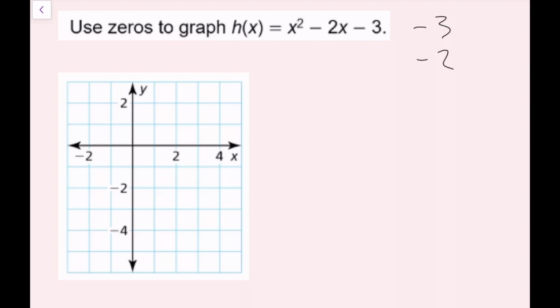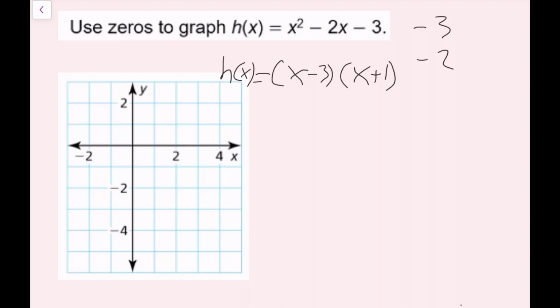So the only way to multiply to negative 3 is either negative 1 times positive 3 or positive 1 times negative 3. And positive 1 plus negative 3 does equal negative 2. So I'm going to break this down into x and x, and we have a negative 3 and a positive 1 here. Okay, and then this is our h of x function, of course.